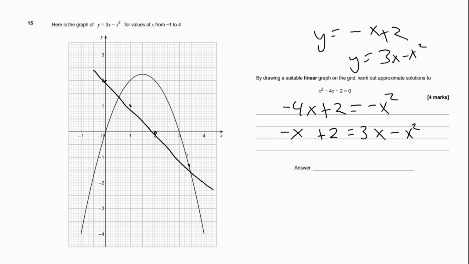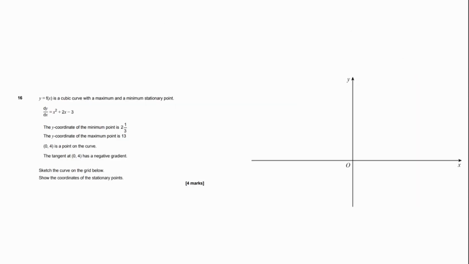So your answers are going to be 3.4, because look here, it crosses there, so 3.4 and 0.6, because it should be crossing there.